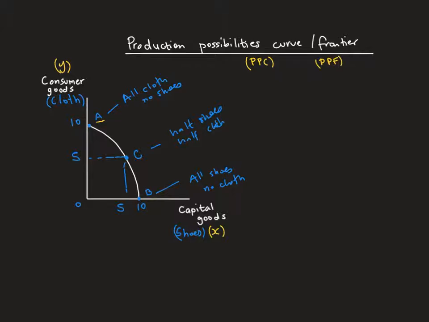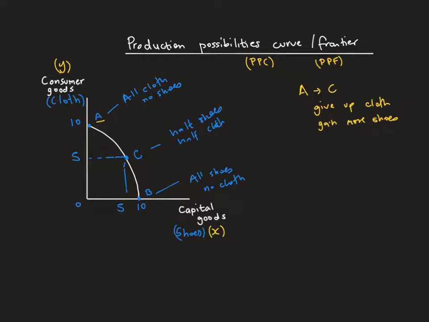So if we are moving from point A to point C, we give up cloth production in order to gain more shoes. On the graph, we're moving from 10 units of cloth, giving up 5 units of cloth in order to gain a further 5 units of shoes. So we're producing more shoes.